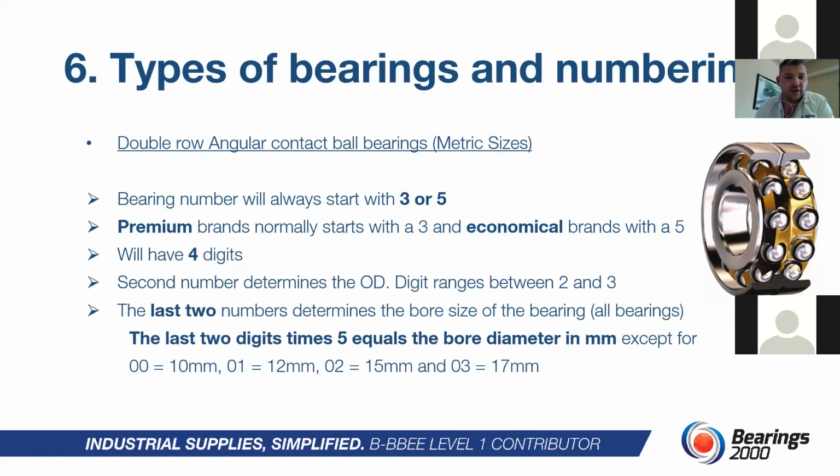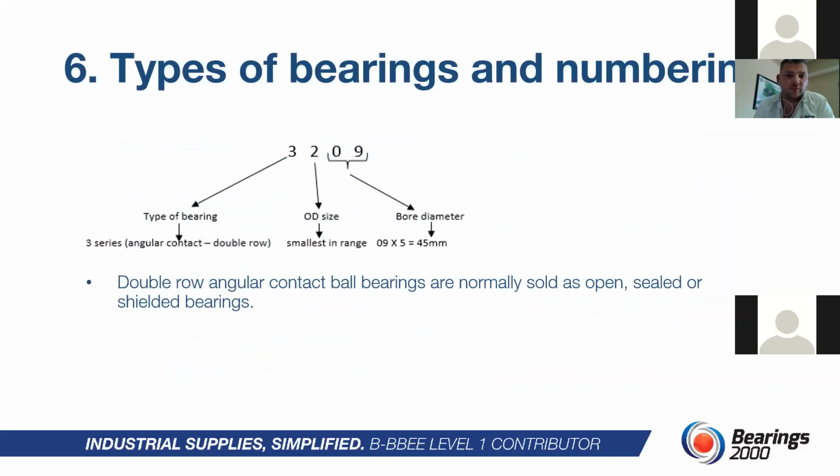The second number will again determine the outside diameter of the bearing, and the last 2 numbers will determine the bore size in millimeters. Just an example of that, 3209.